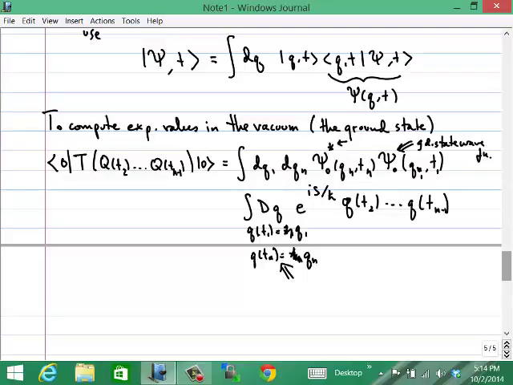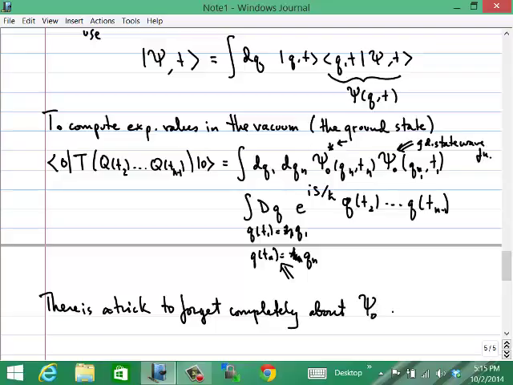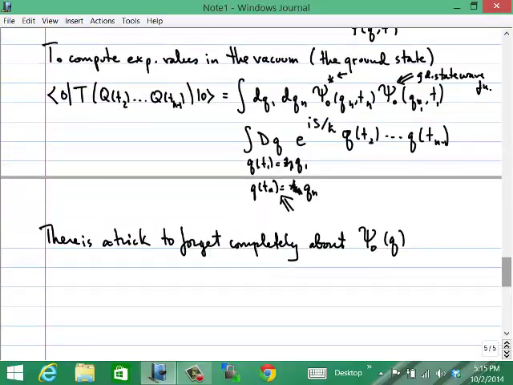But it is a nice trick, which allows us to forget completely about this ground state wave function, psi of q. And the trick is the following.